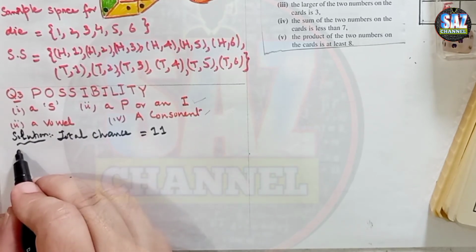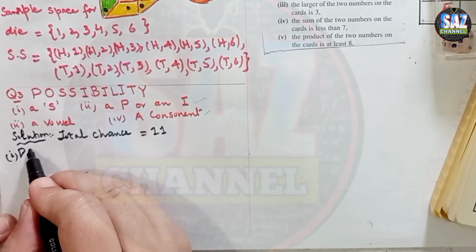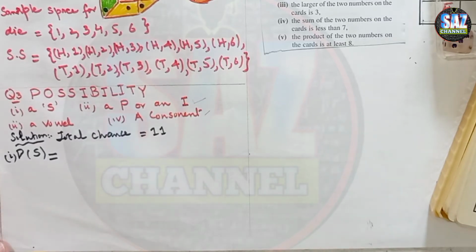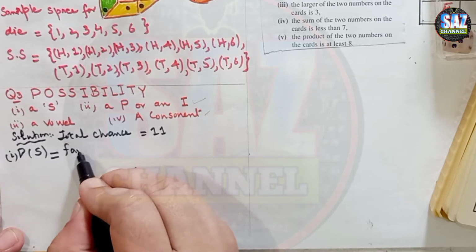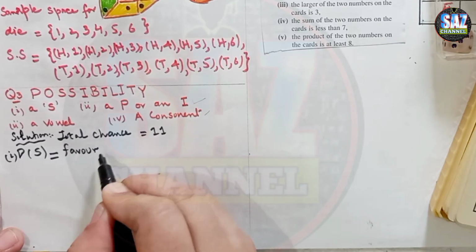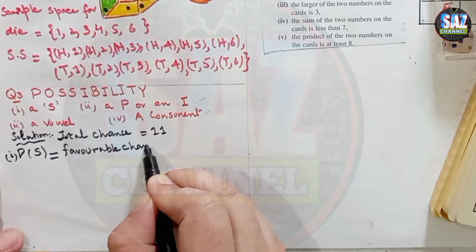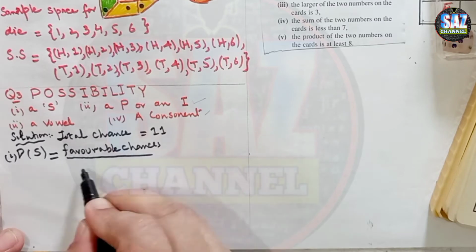So the probability of S, the first part, is favorable chances upon total chances.